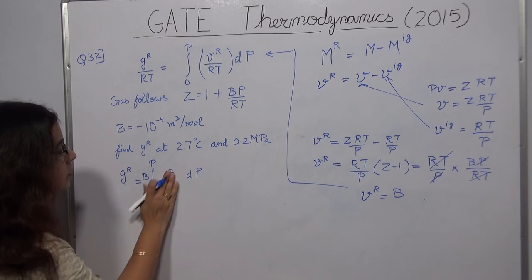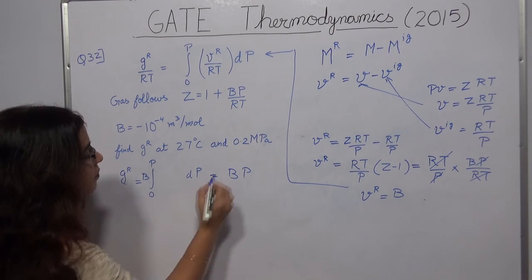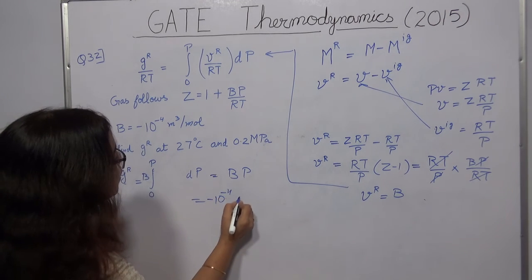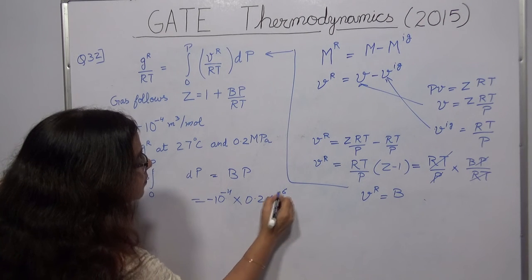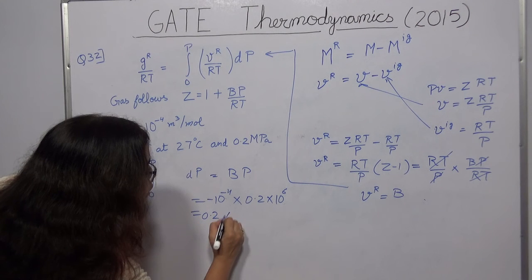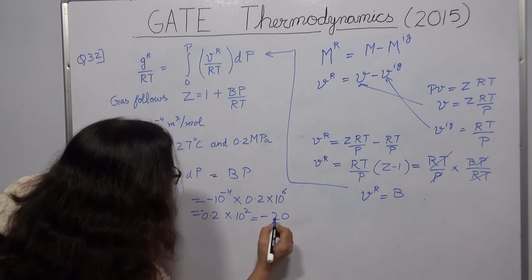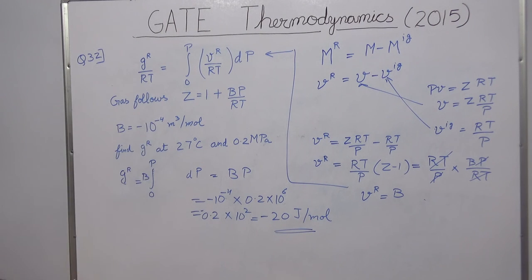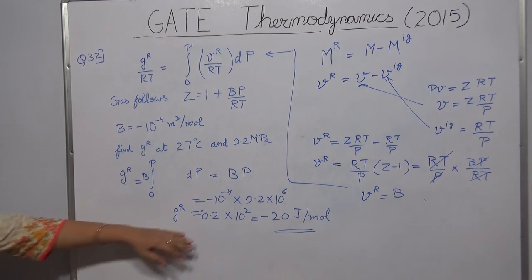B take out, so 0 to P dP integrated, what you get is BP. Put the values. What is B? Minus 10 raised to minus 4. What is P? 0.2 megapascal, so 0.2 into 10 raised to 6. And what you get is 0.2 into 10 raised to 2. Of course there is a minus sign, so you get minus 20, and this is joules per mole. Okay, so this was asked, you had to calculate GR, and that's what we have calculated.